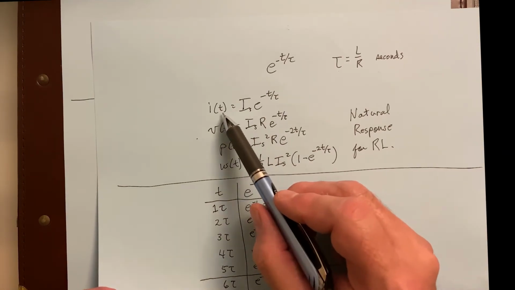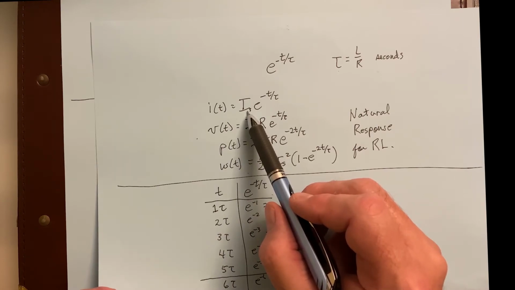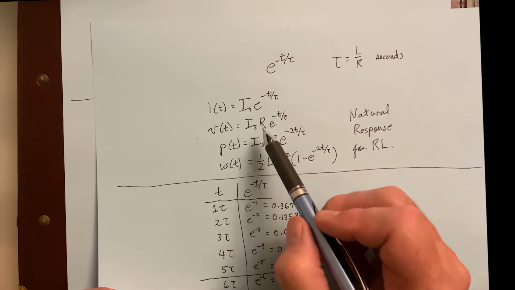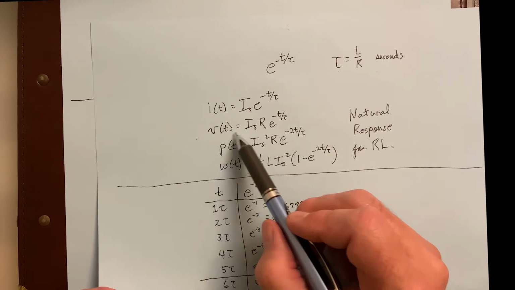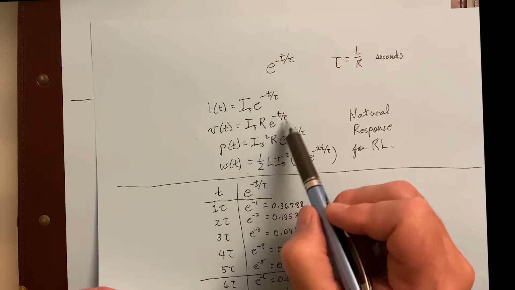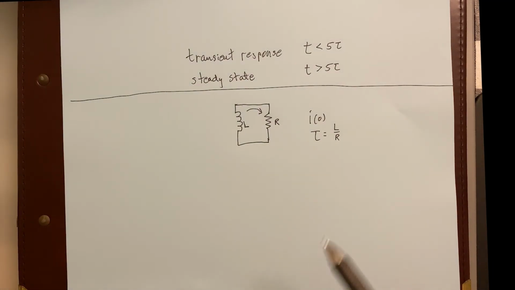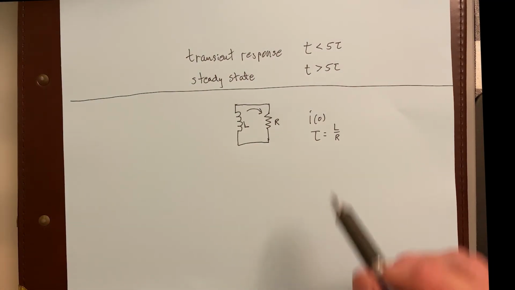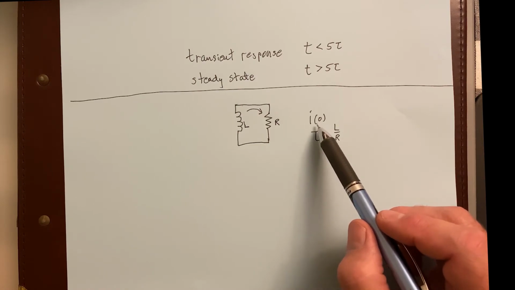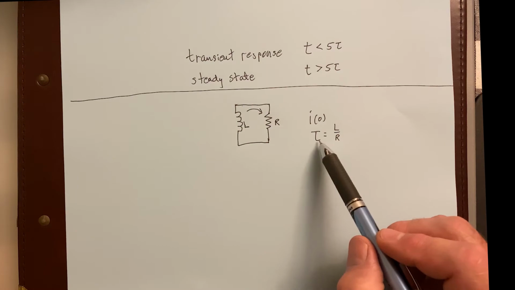So look here. The current is just going to be whatever the maximum current was at the beginning, multiplied by that. The voltage is going to be whatever the maximum voltage was, that's I times R, times the decaying exponential there. So if you want to solve this kind of circuit, here's what you need to do. Use your circuits knowledge to figure out what the initial current is at t equals 0.